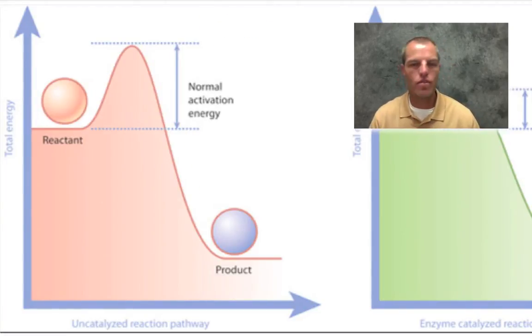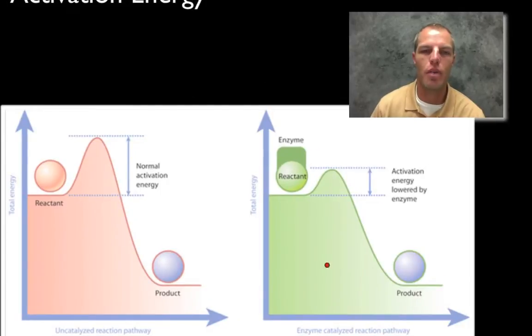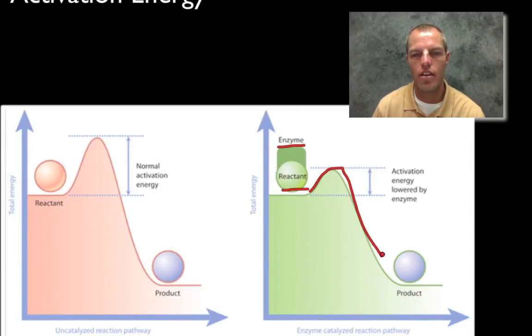If we glance over at the right one, and look at both of them together, you'll notice this represents a reaction in which we are using an enzyme or a catalyst to speed up the reaction. We have the same reactant, but you can see here that much less energy is needed for that reaction to take place and produce our product.